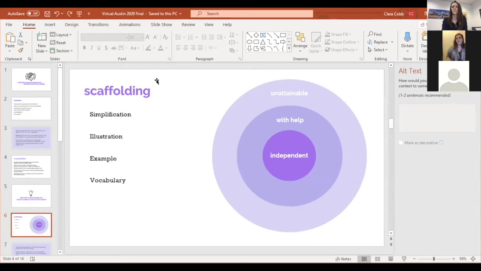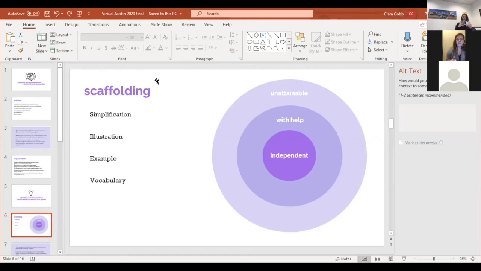So scaffolding can be as simple as simplifying your content, using illustration, providing examples, vocabulary, iconography. The idea, of course, being that if you are a language learner, and probably all of you took a high school language at some point, there's some things that you can figure out independently, like where's the bathroom? Like, can I have a glass of water? There's content that you can kind of figure out with help.